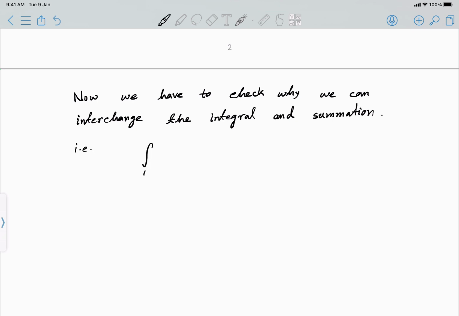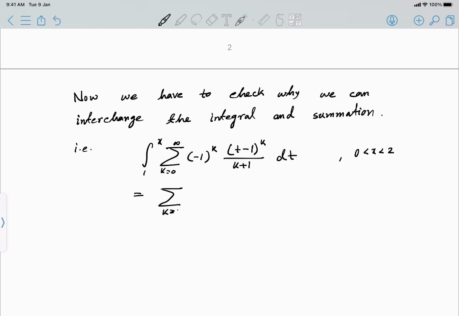What we have done: integral from 1 to x of summation k equals 0 to infinity, minus 1 to the power k, (t minus 1) to the power k by k plus 1 dt, for 0 less than x less than 2. Why is this the same as summation k equals 0 to infinity of the integral from 1 to x of minus 1 to the power k, (t minus 1) to the power k by k plus 1 dt?